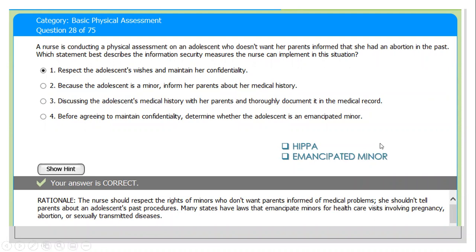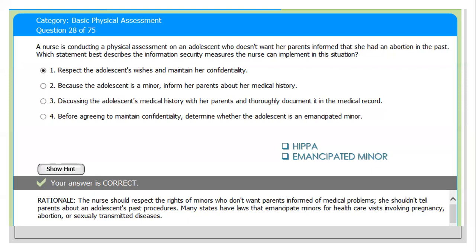What does it mean? A child is freed from parental custody and can become an adult in many ways. When a minor marries or joins the U.S. Armed Forces, he or she becomes emancipated from her or his parents.